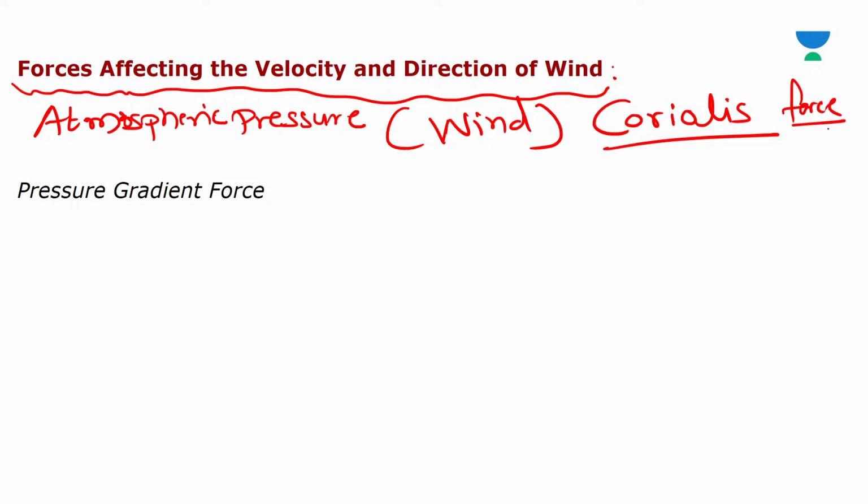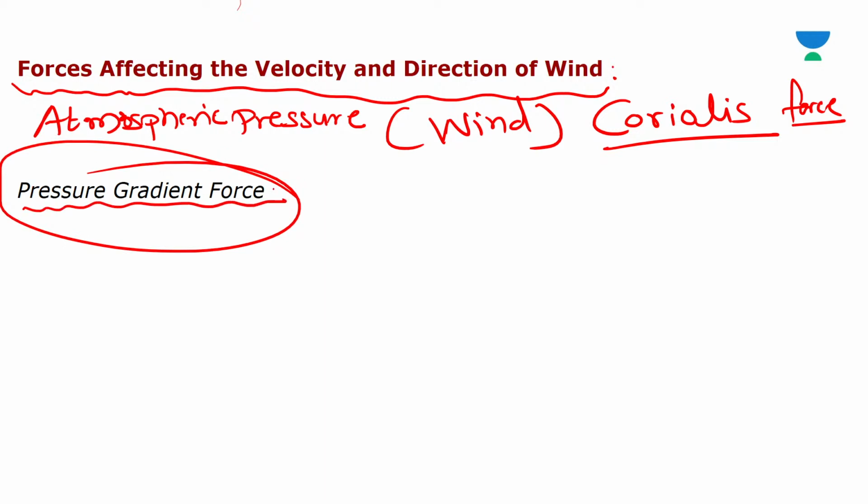Now the horizontal winds near the Earth's surface respond to the combined effect of three forces: the pressure gradient force, the frictional force and the Coriolis force.